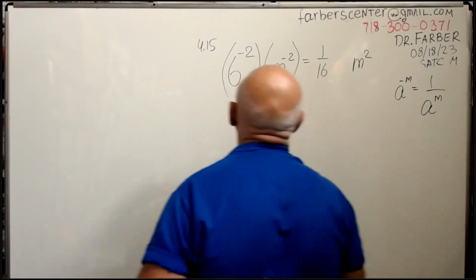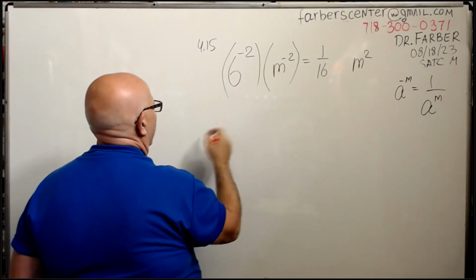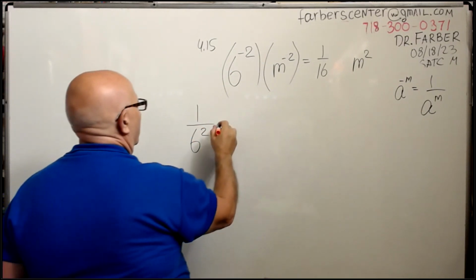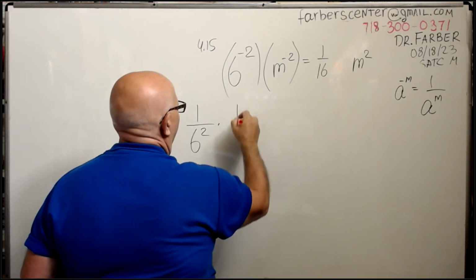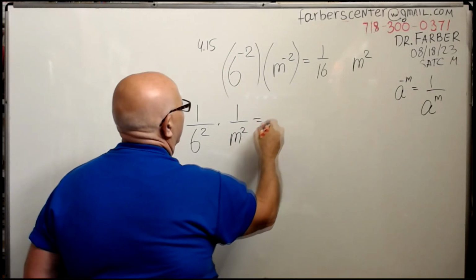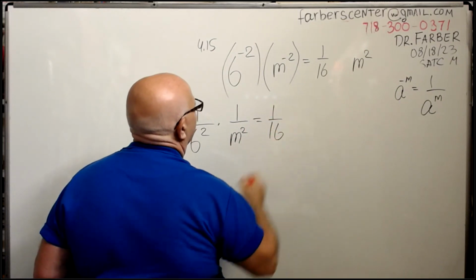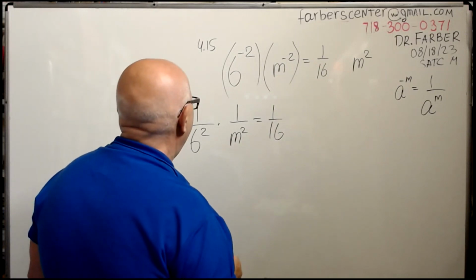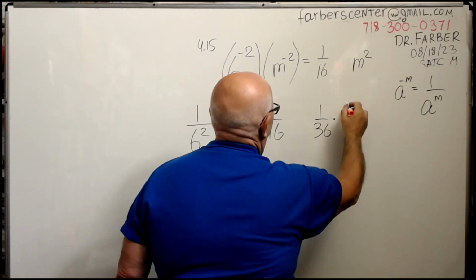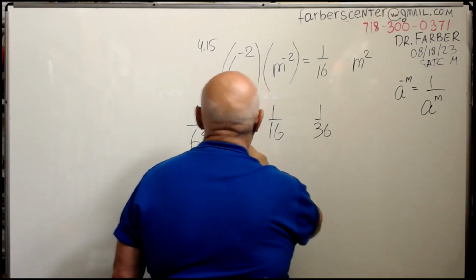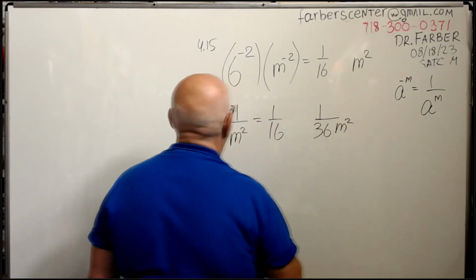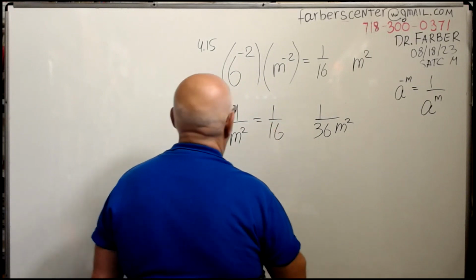Based on this formula, I do it slowly, it would be 1 over 6 to the power 2, now flip upside down, times 1 over m to the power 2 equals 1 over 16. Or 1 over 36 times m to the power 2 equals 1 over 16.